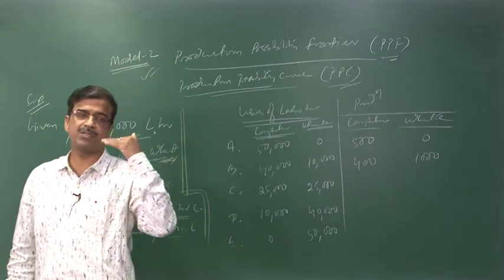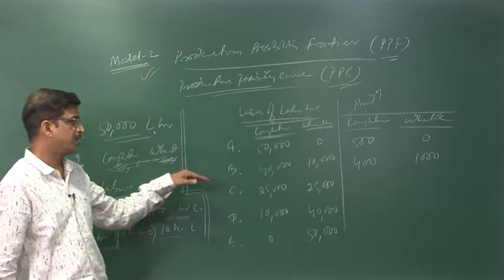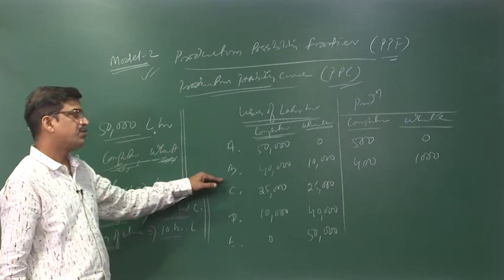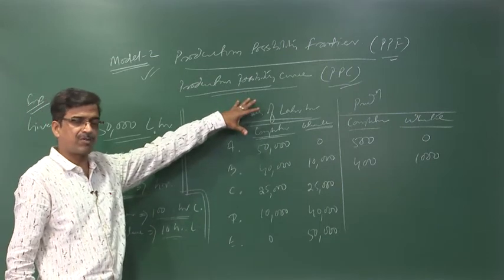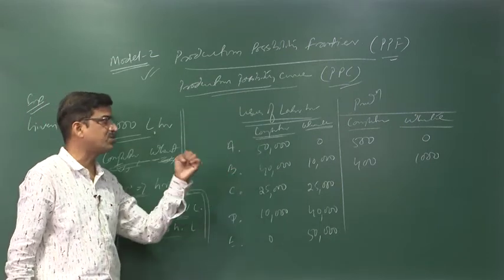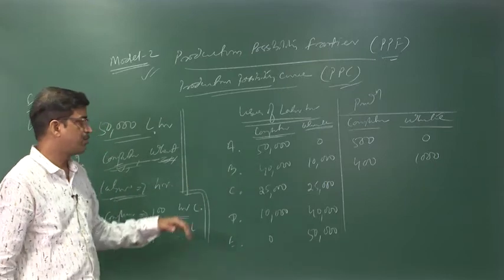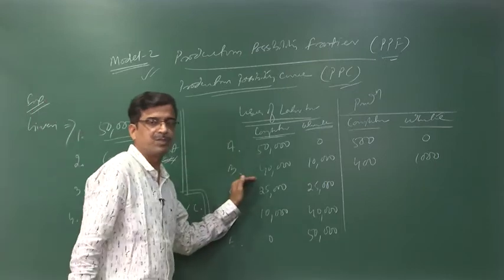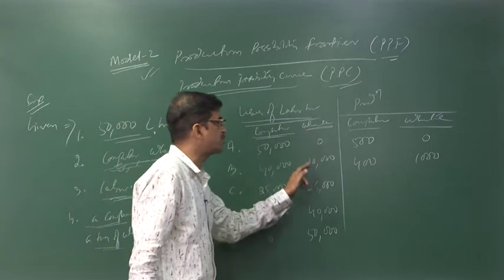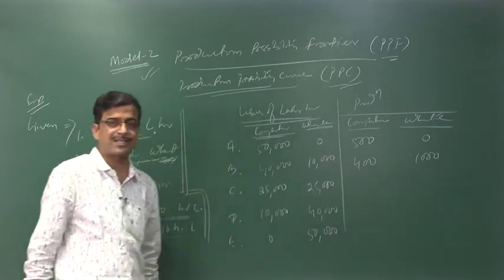If you move to the second point, the B point, in that combination we have a constant amount of labor that is to be segregated into the computer set and the wheat. When reducing the labor used on computers to produce wheat, the combination is like this.